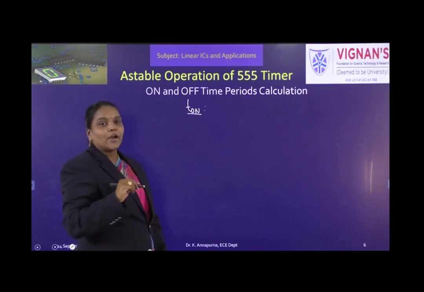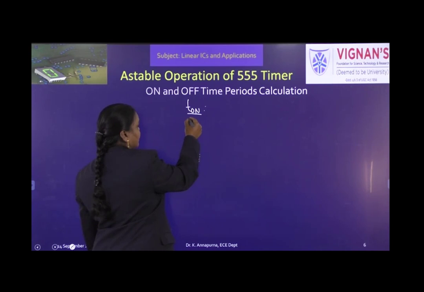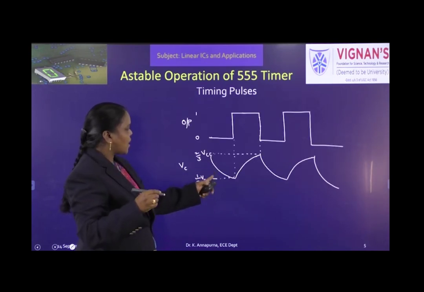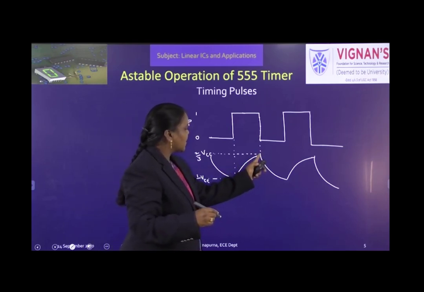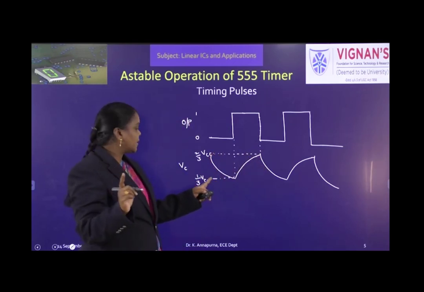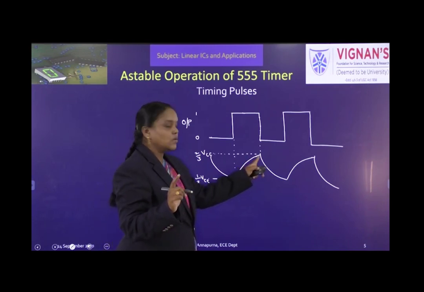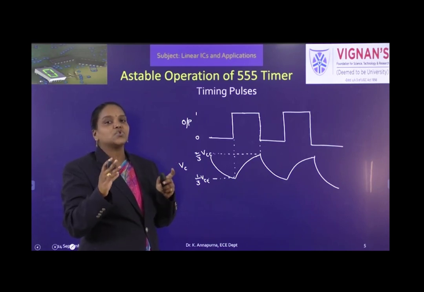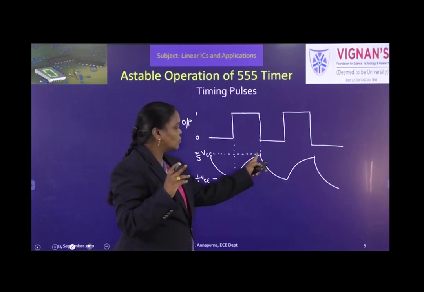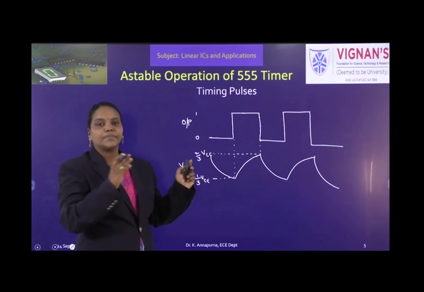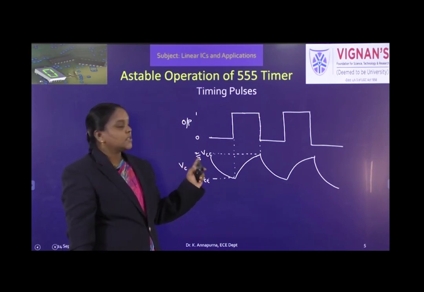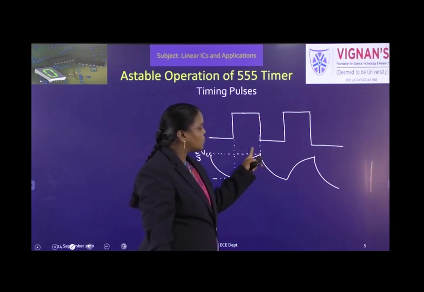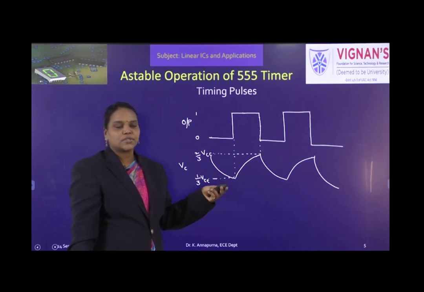From the operation we have just seen, the on period is the time taken by the capacitor to charge from 1/3 VCC to 2/3 VCC. Similarly, the off time is the time taken by the capacitor to discharge from 2/3 VCC to 1/3 VCC.